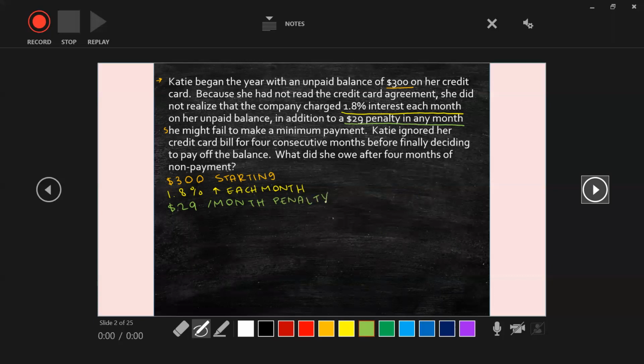Then it's saying that we did this for 4 months. Holy cow, 4 months. That's a long time to ignore your bill before finally deciding to make the payment. So what did she owe after 4 months of non-payment? So let's think about what's going on here. We're starting out with $300.